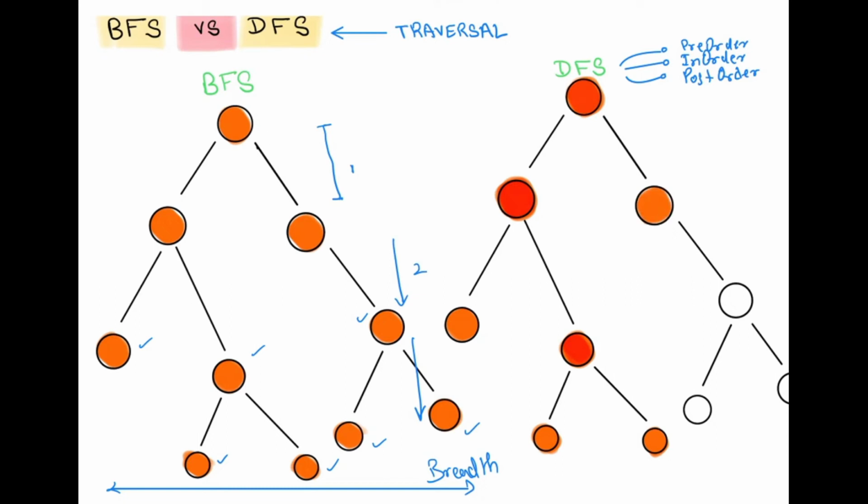We go here, and we go all the way down to here. Again we come back up, visit the right one, come back up, and up. Nothing left, so we end the depth first search.